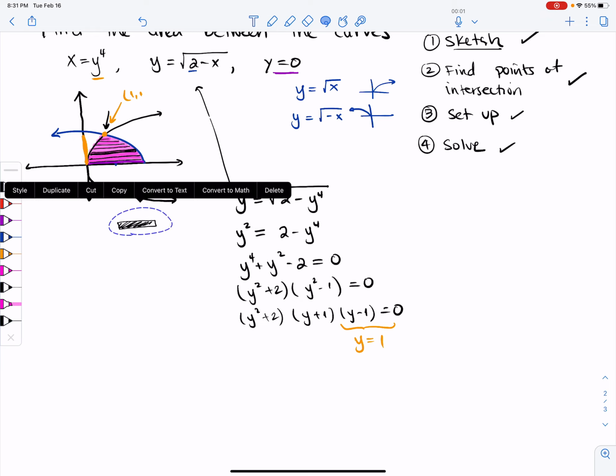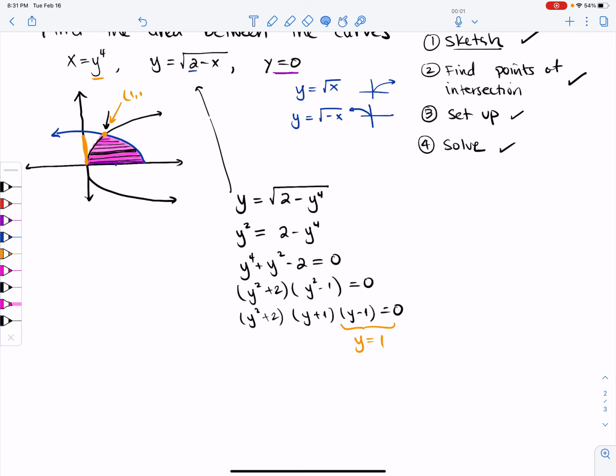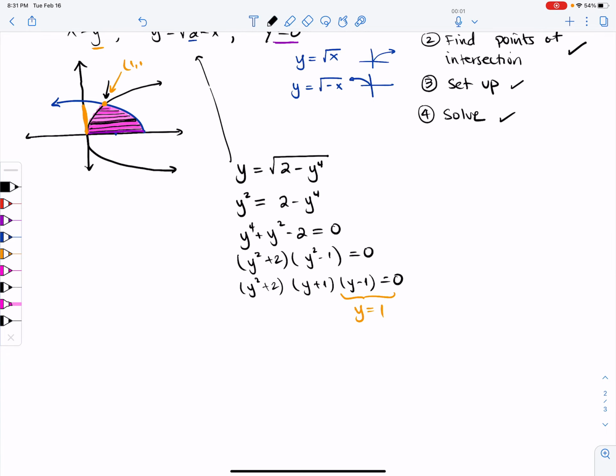Integrating with respect to y requires us to set up the following integral. The area is equal to the integral from c to d, from that lower number. And what is that lower limit of integration? Well, that y value is 0. And remember, the upper one is 1.